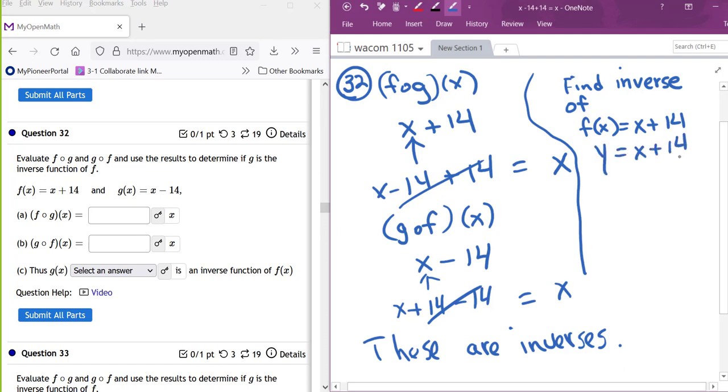You change the x and y's. And then you isolate y. So you have to subtract the 14. And then you rewrite y as f inverse of x. So those are the steps to find the inverse if you have a direct question. Any question here?